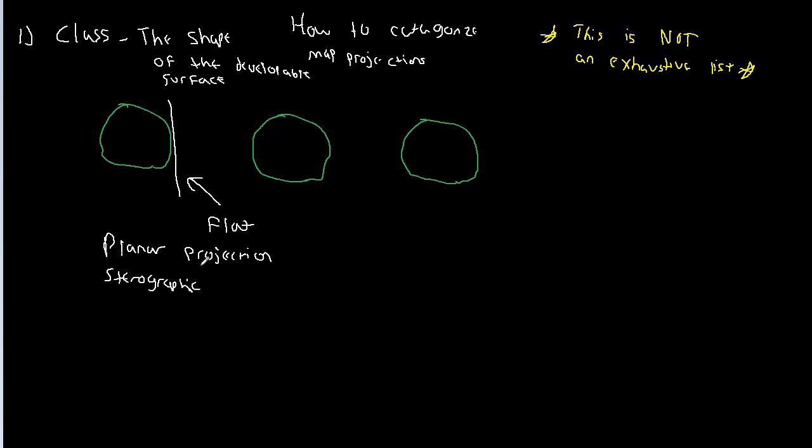Planar or stereographic. The idea here is that the developable surface is kept as a flat sheet, and I'm going to make a note here that it only touches the reference globe at one point. We'll talk more about why that's important, and some variations of that, in a moment.